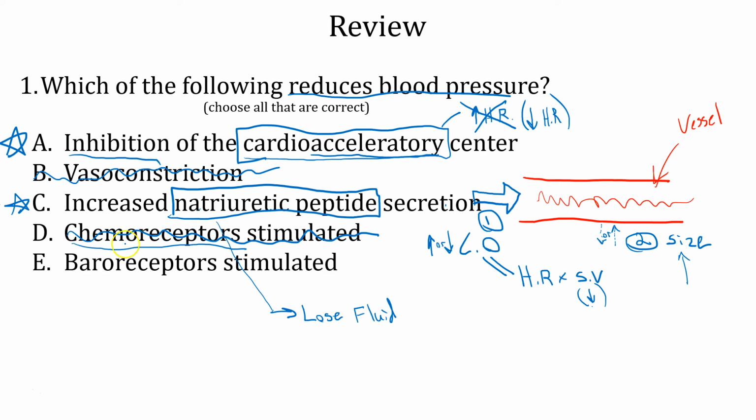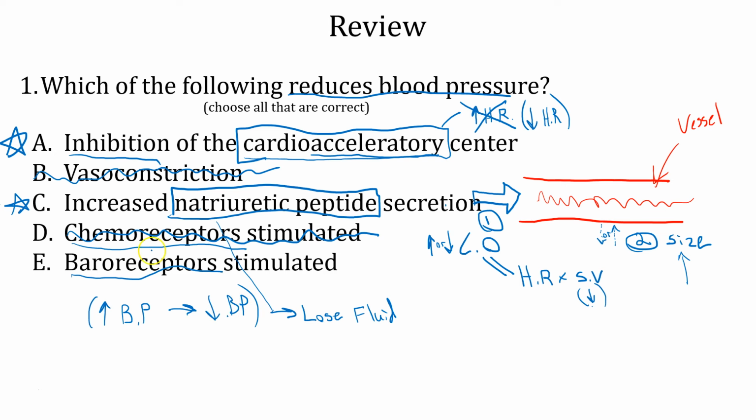And then lastly, the baroreceptors are stimulated. Baroreceptors are receptors that respond to pressure. And basically, if there's a high blood pressure, it pushes on those baroreceptors, and then they send signals to the brain that cause the brain to send all sorts of stuff out in order to lower blood pressure, right?